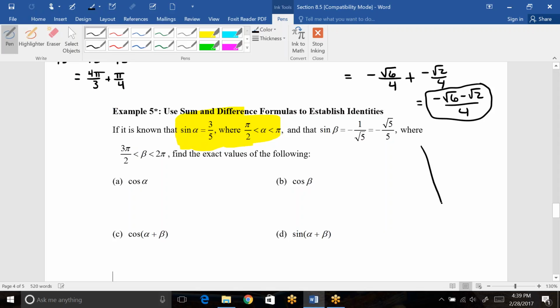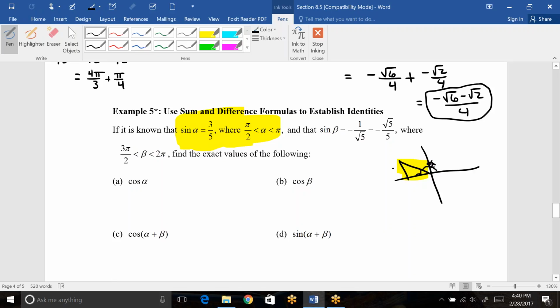So I'm going to draw a picture just for alpha. The reason it's in quadrant 2 is because it's between pi over 2 and pi. So this one is for that. And alpha right here has a sine of 3/5.